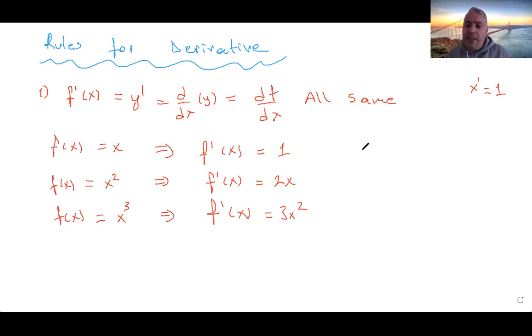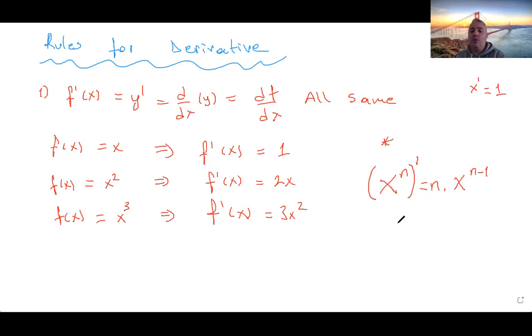So if we generalize this, we have one important rule, which is called the power rule. Let me use x, this is better right now. The derivative of x to the power of n is n comes as a multiple, n times x to the power of n minus 1.